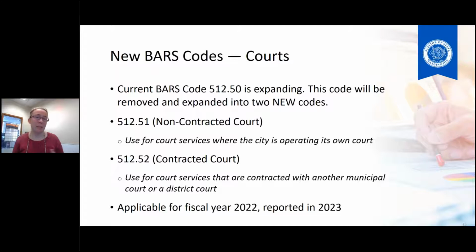There is a possibility that some of our cities will use both codes. They'll use 51251 for their own court services and 51252 because they are providing services to other cities. This is applicable for fiscal year 2022, reported in May of 2023.